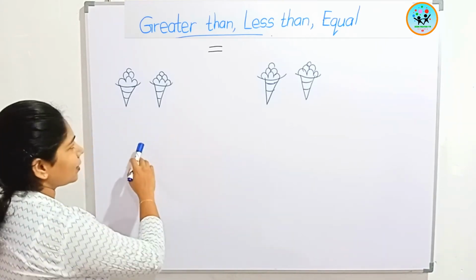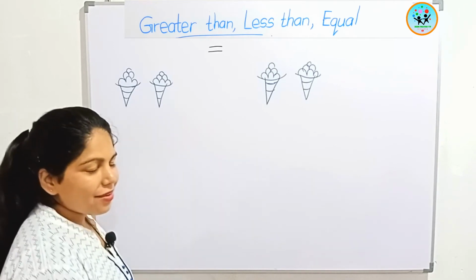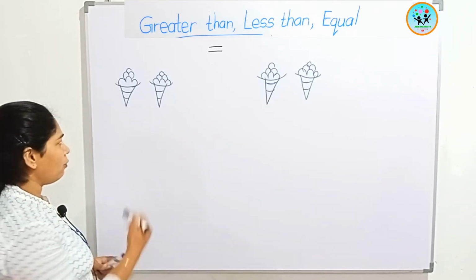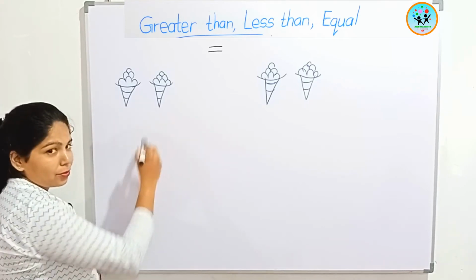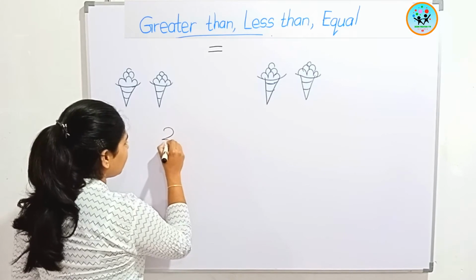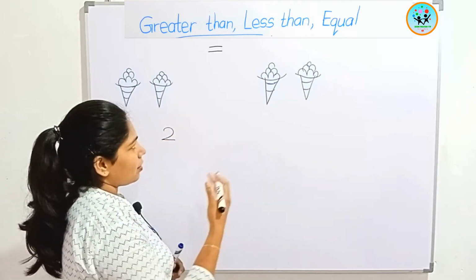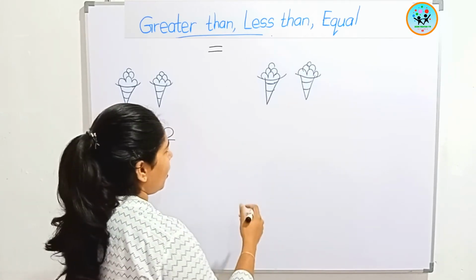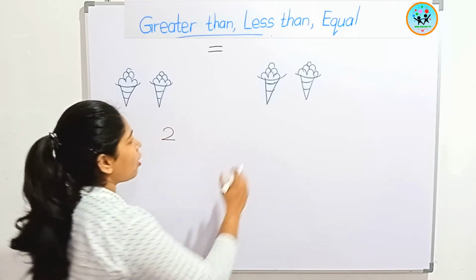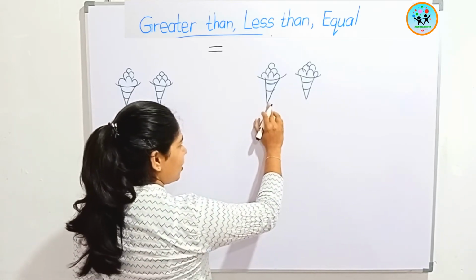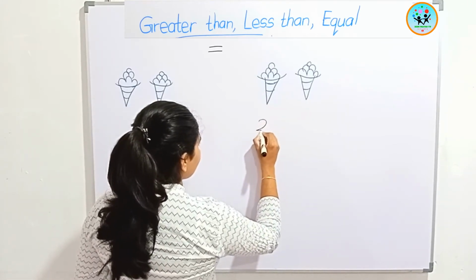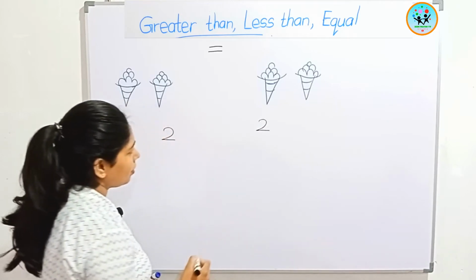Okay, first look at the left side. How many ice creams are here? Count. 1, 2. 2 ice creams are here. Next, we will see how many ice creams on the right side. Count 1, 2. 2 ice creams are here.